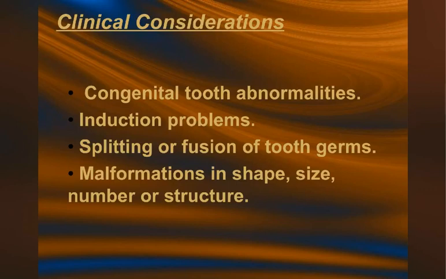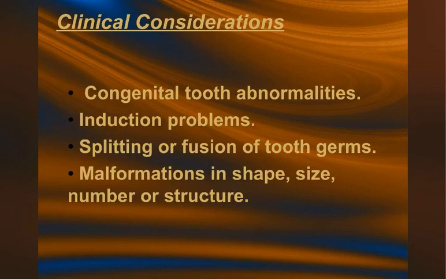Splitting or fusing of tooth germs. Sometimes during development, one tooth germ is split into two tooth germs, so we'll have an extra tooth. But this extra tooth will still be partially fused to the original tooth.